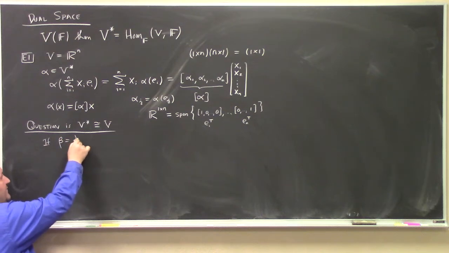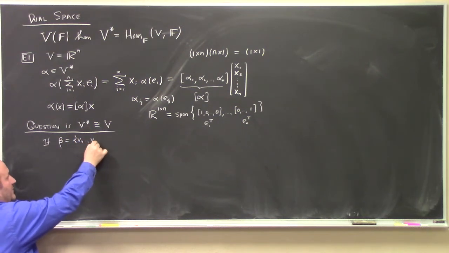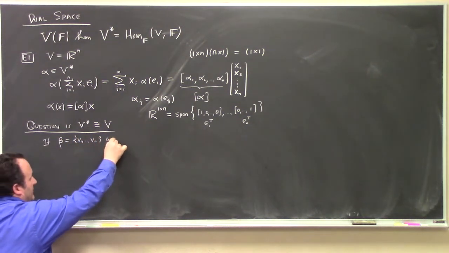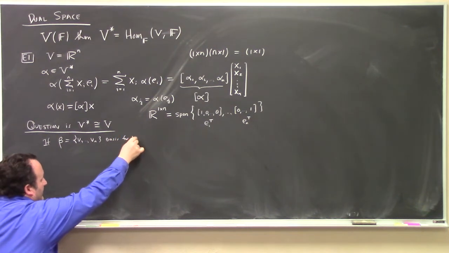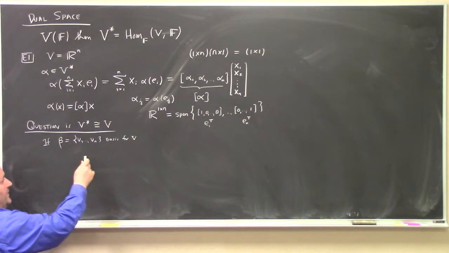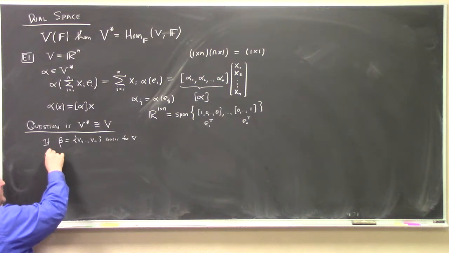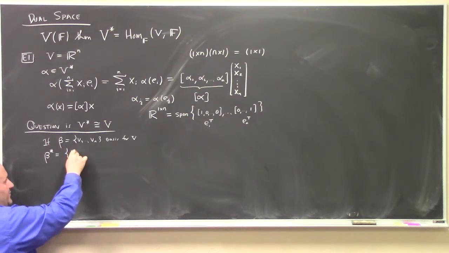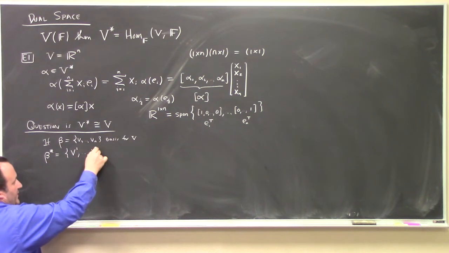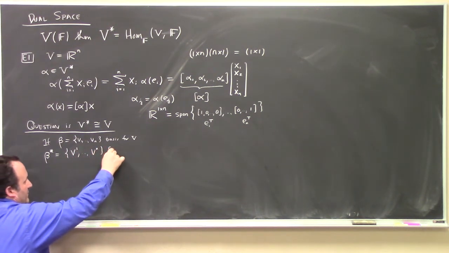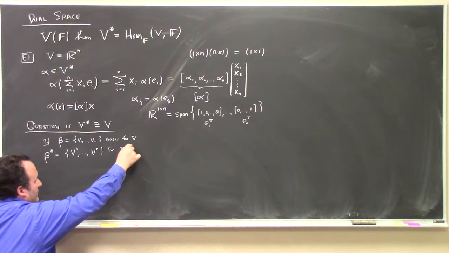But if we suppose V is finite dimensional, and let beta be V1 through Vn, a basis for V, then you can define beta dual to be V upper 1 through V upper n for V dual.